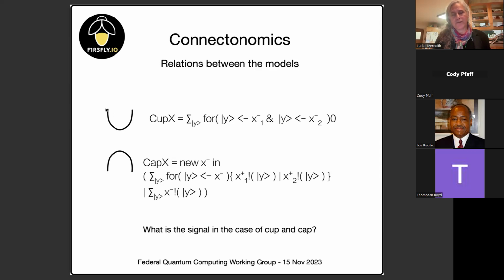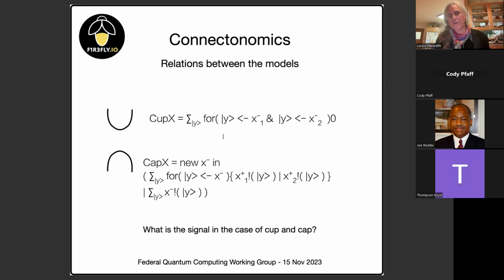It's very hard to say what the signal is in this case, and it's even harder to say what the signal is in this case where we have 2 outputs, right? What signal are we outputting? In this case, we can kind of say, well, whatever signal we get over here, it needs to be the same as the signal we get over here. And that's really what's going on with cup. But in terms of cap, it's much harder.